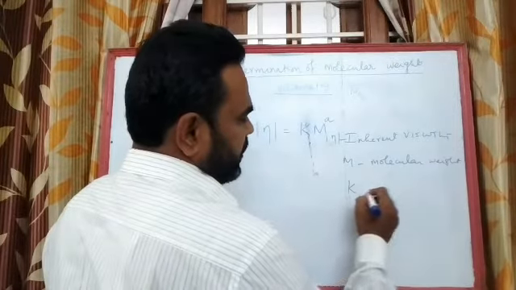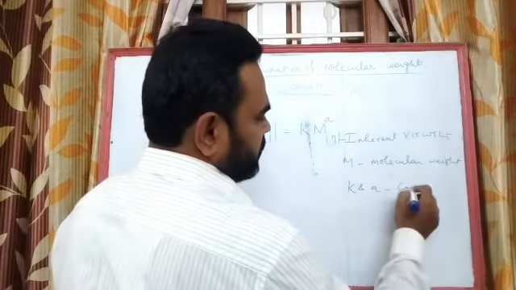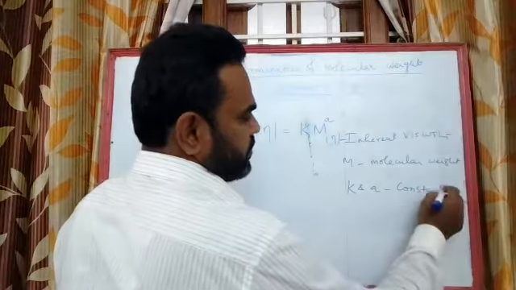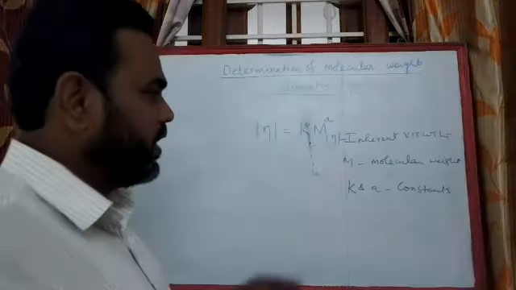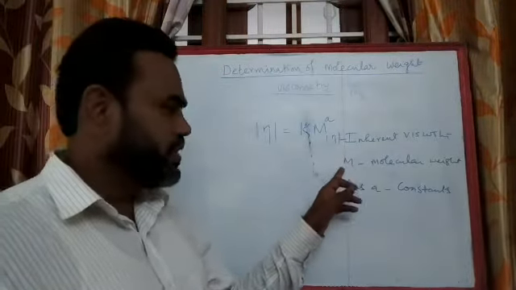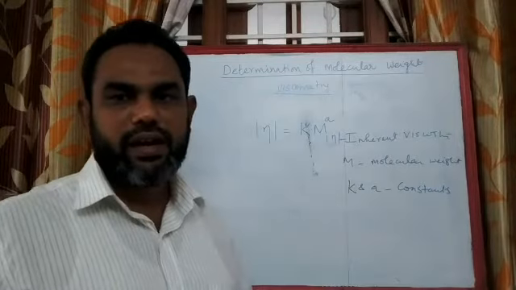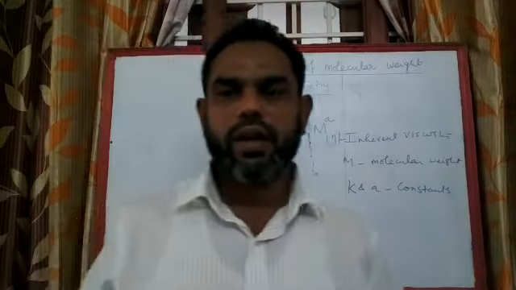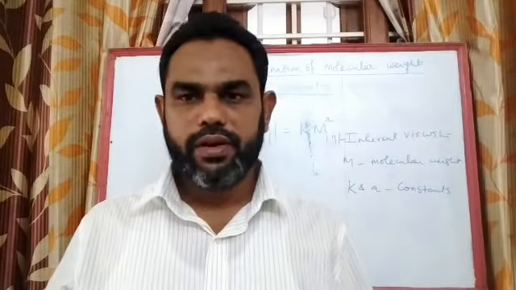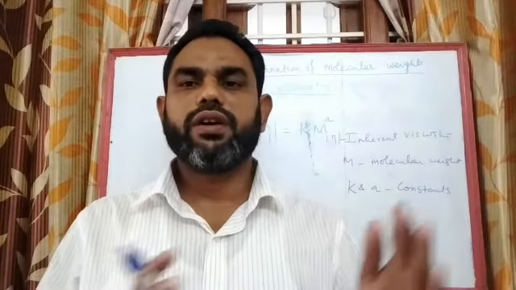Eta is the intrinsic viscosity, M is the molecular weight, K and a are constants for a particular polymer system, for a particular polymer dissolved in a solvent.